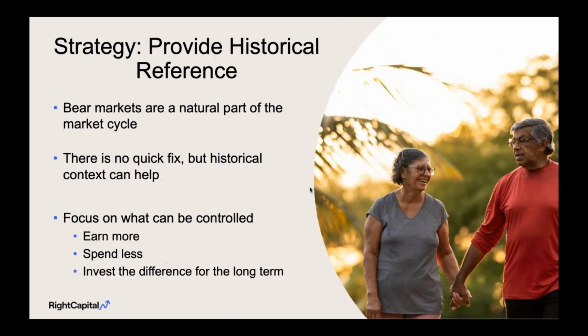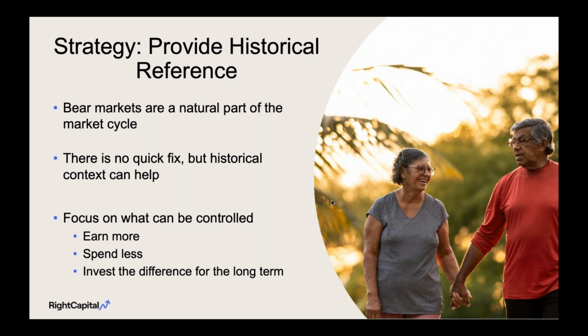And the third piece here we really want to talk about is a strategy around providing historical references. As I mentioned a little earlier, bear markets are just a natural part of the market cycle. Not saying that we're necessarily in one, but recognizing that there is almost guaranteed to be one at some point in the future, right?